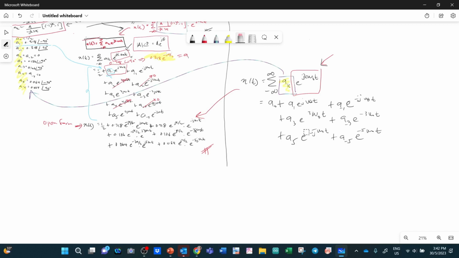This is not negative, this is positive. So 3ω t, 5jω t.